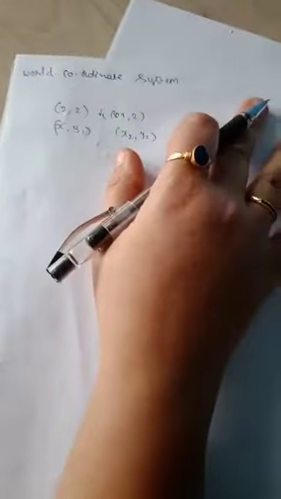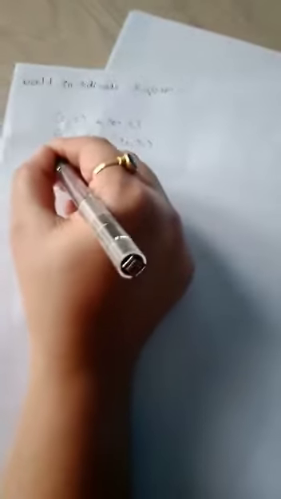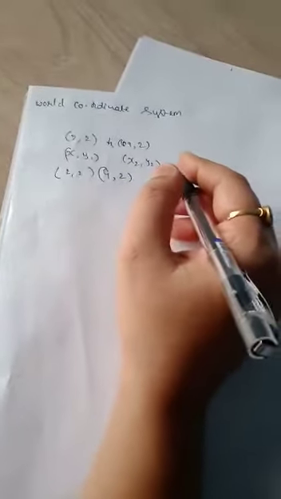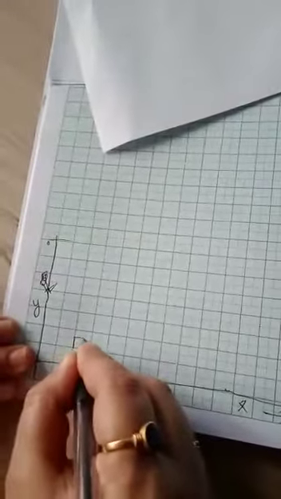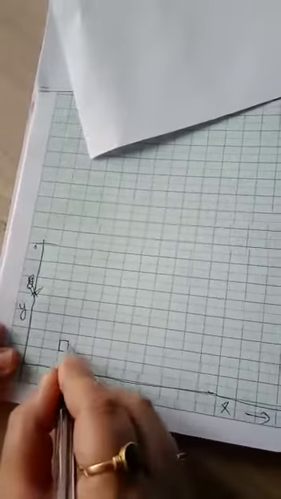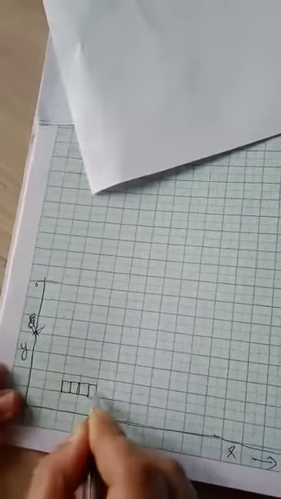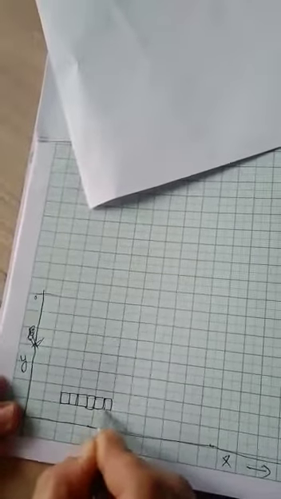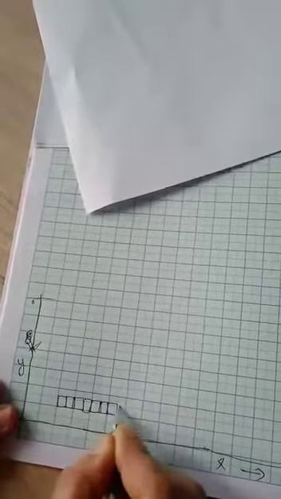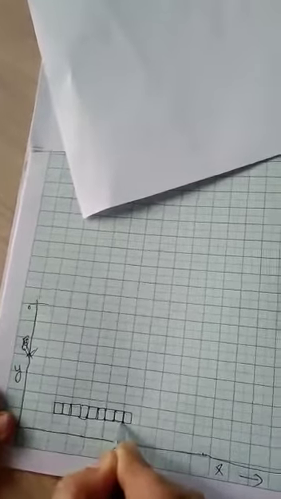So I have to draw a horizontal line, that is from 2 and 2 to 9 and 2. For the horizontal line, I just need to find out the boxes. So here I am taking these boxes, 1, 2, 3, 4, 5, 6, 7, 8 and 9.